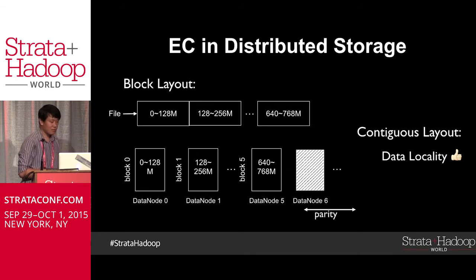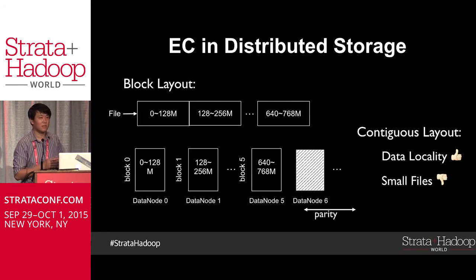Using this contiguous layout, the data locality is very good. Without any network access, you can access a large amount of data contiguously. For example, if your database query is within the first 128 megabytes, you can do purely local I/O. But in the context of erasure coding, a big disadvantage is that this contiguous layout is not able to handle small files very well.